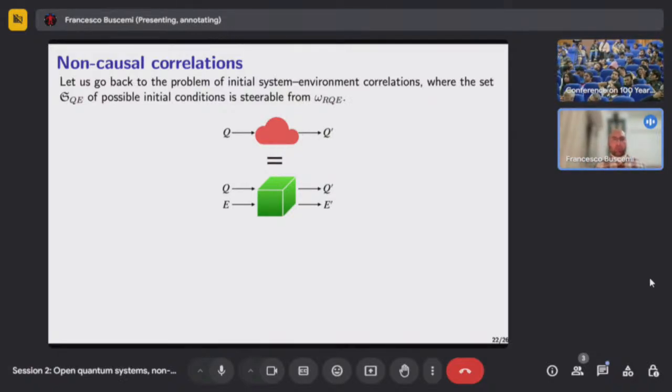So now let us go back to the problem of initial system environment correlation, where the set of possible initial conditions is steerable, so that we can use this tripartite formalism, which is very handy.